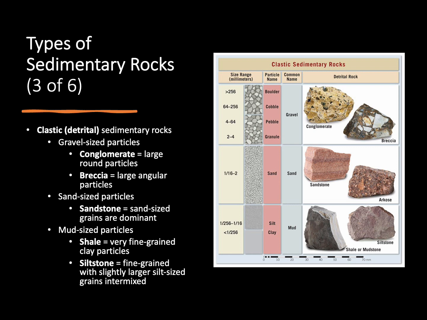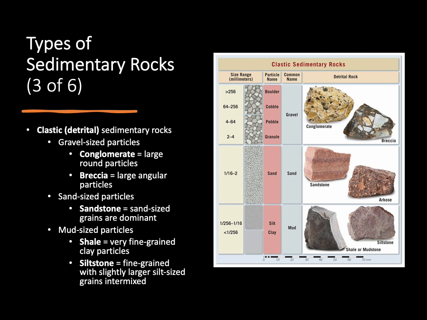But if we look at particles that are smaller than gravel or pebbles, we look at sand-sized particles found here in the middle. And here, they're all sand-sized particles, so we call these sandstones. When you rub them with your hand, they're going to feel exactly like sandpaper. But sediments can get even smaller than sand size.